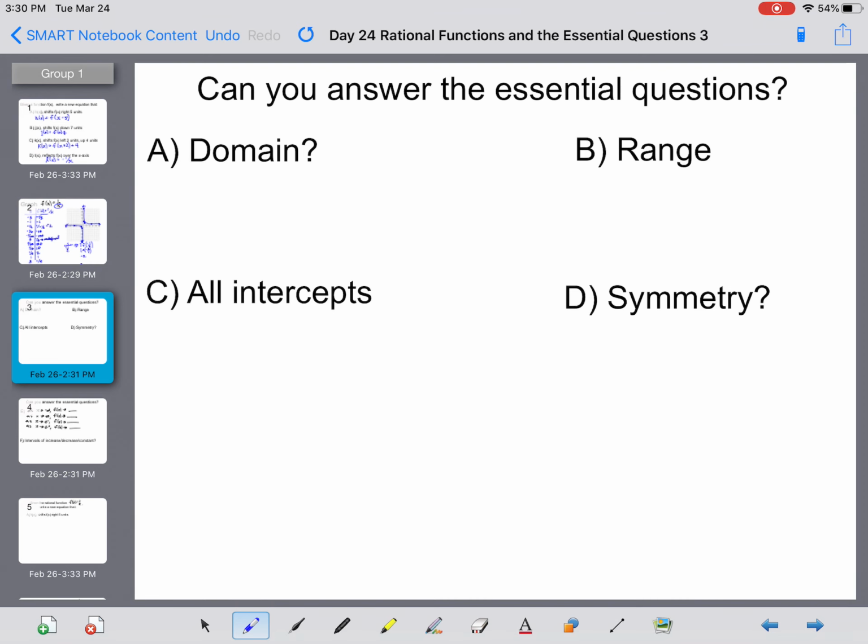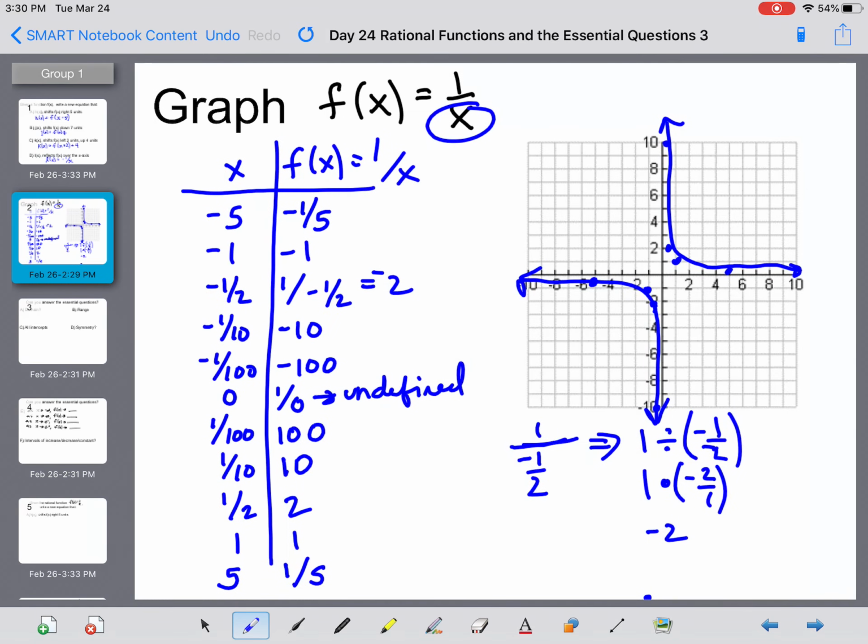So let's take a look at domain and range. For the domain here, notice everything worked but x equals 0. And you can also kind of visually see this. I get really, really close to 0, but I'm not actually touching 0. So for my domain, it's going to be everything but 0 because I don't have x equal to 0. And for my range, I'm actually going to have the same thing.